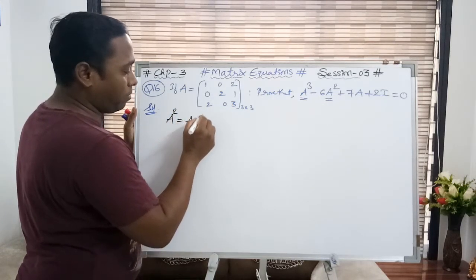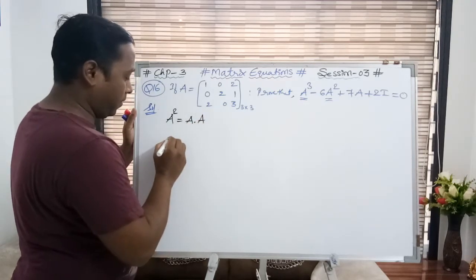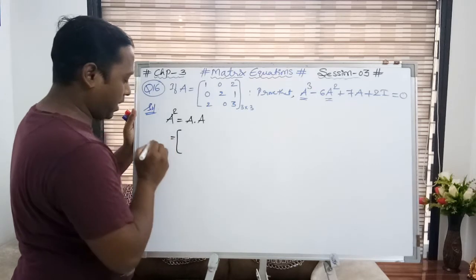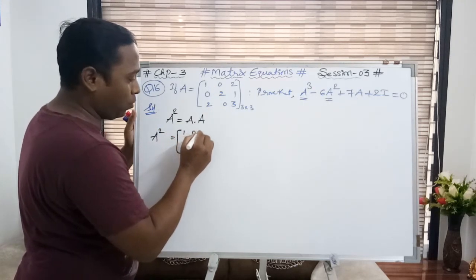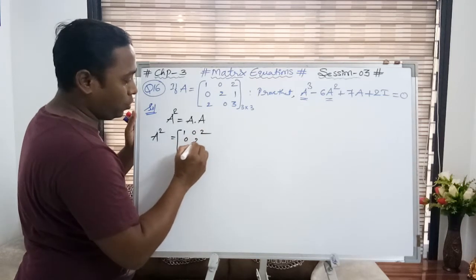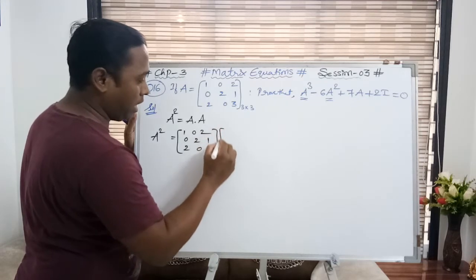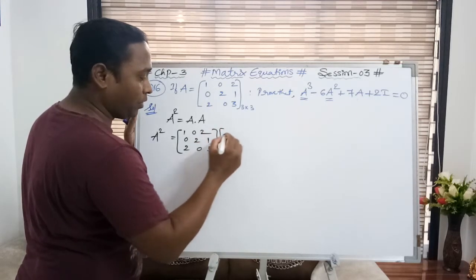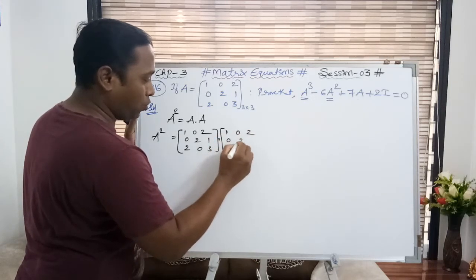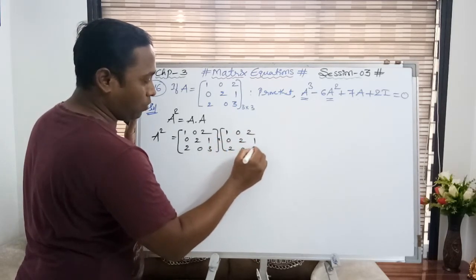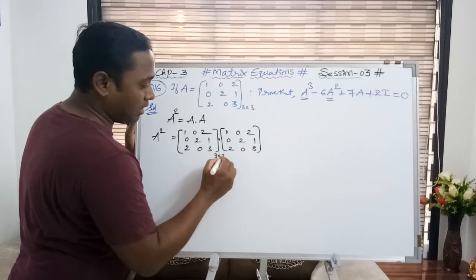First I need to multiply A into A, which means that matrix A square is nothing but the matrix 1 0 2, 0 2 1, 2 0 3 multiplied by itself. 1 0 2, 0 2 1, 2 0 3, and you know that the order of this matrix is 3 by 3.